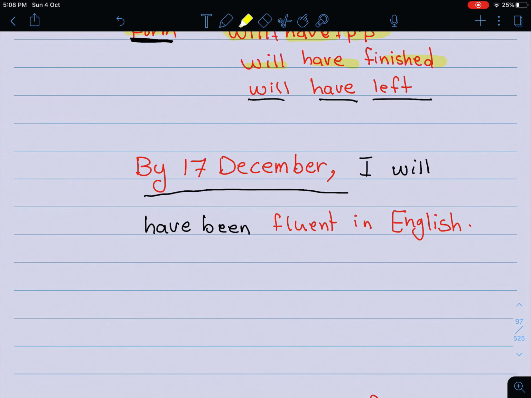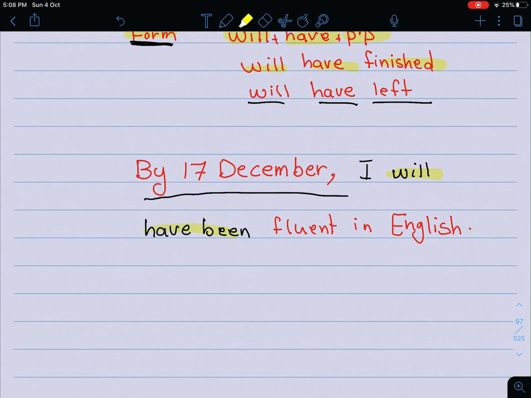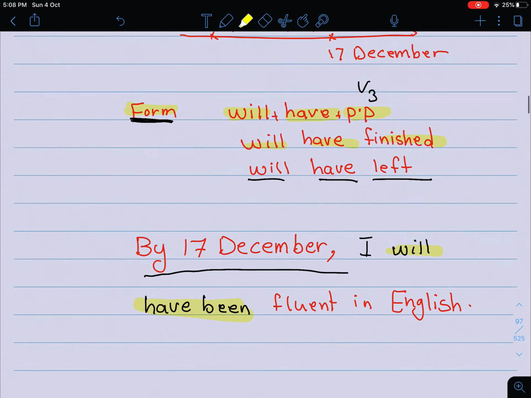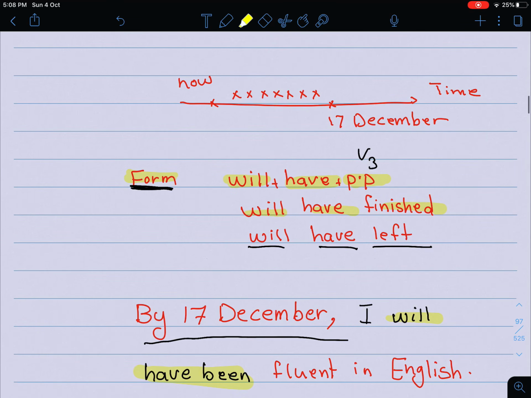So let's take a look here. So will have been, this is what we call the future perfect. أسميها the future perfect, okay? لو تلاحظون إنه لو نرجع لخط الزمن إيش معناها؟ So by the 17th of December, okay? طبعا 17th of December بيكون في المستقبل.